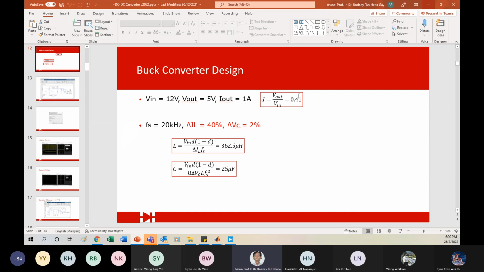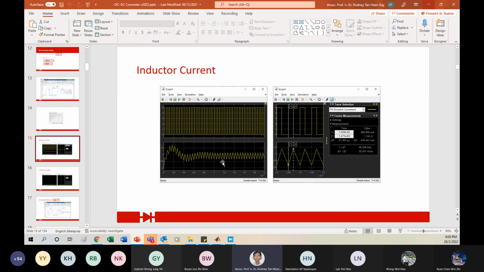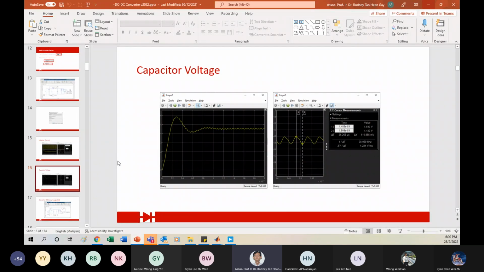You change the duty cycle. Of course, you can set this one lower, 20% also can. It's just an example. So when you set it to 20%, this one will become much smoother. Or you increase the switching frequency, you can also make this one much smoother as well.